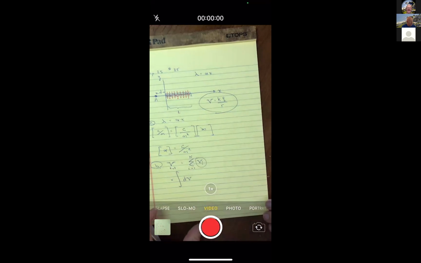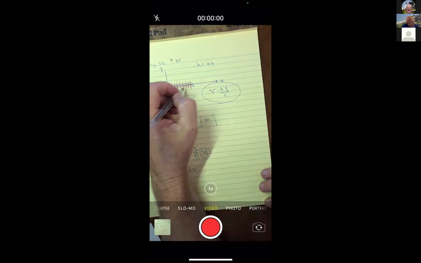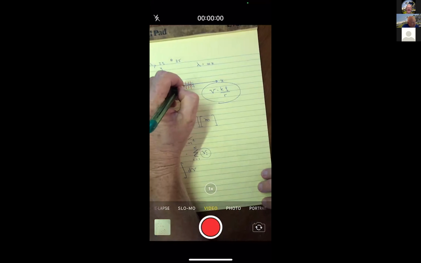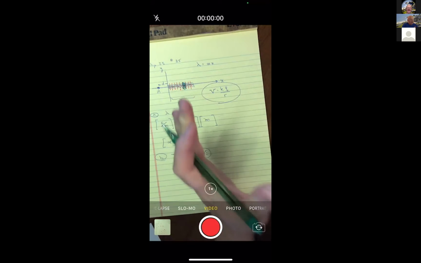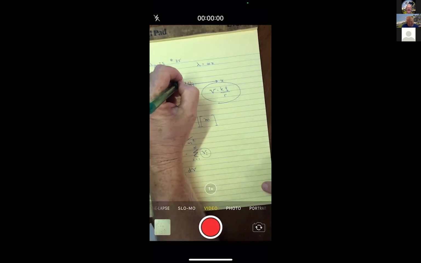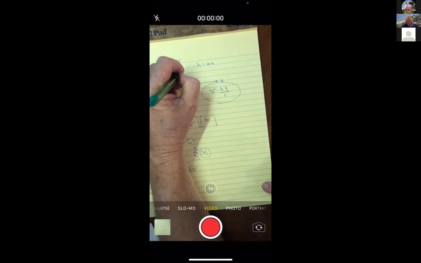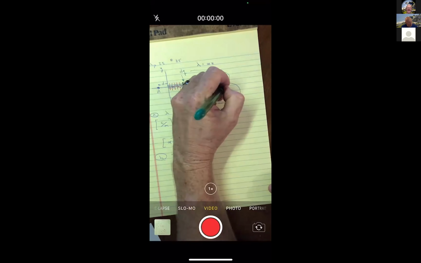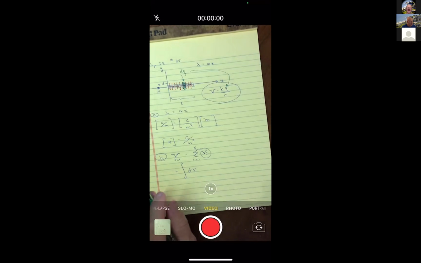If you imagine one of these little tiny pieces colored in green, chopped really thin, you would say that it has a charge of dq. That's what would go in that equation.